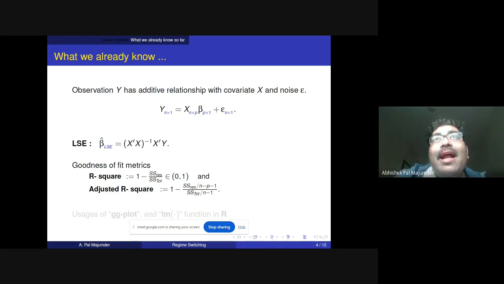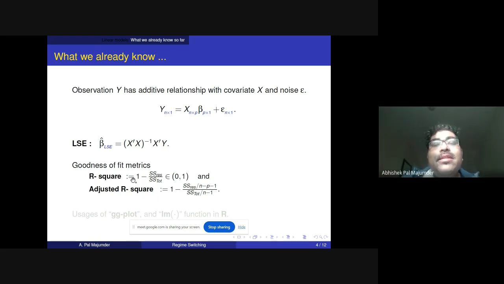And that is where adjusted R square comes into the picture. If the new covariate makes the performance a little better than is expected from the rest, then adjusted R square will increase.